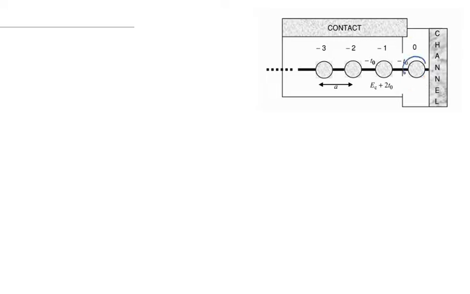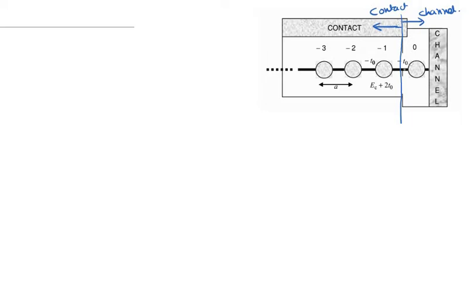To the left of this line is the contact, and to the right of this line is the channel, which consists of one atom. This is the simplest case. So let us see how sigma and S would look in this case.